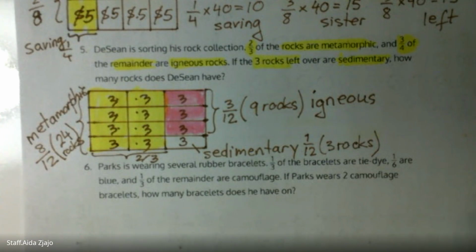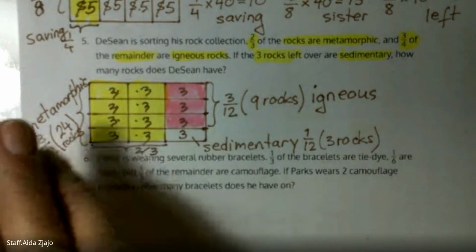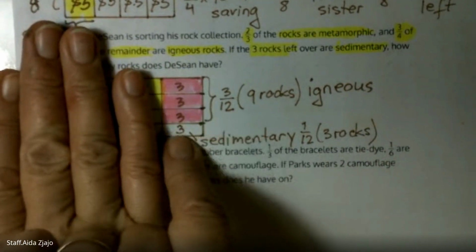I really hope that this is comprehensible for you, because it's all about knowing what the whole is. Take out the part, and then know what the remaining is.